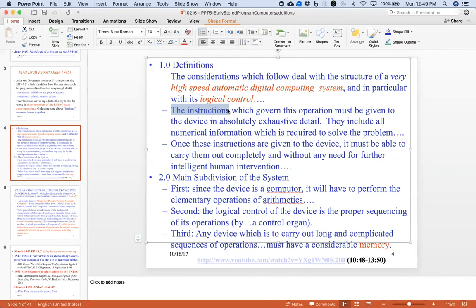Okay, the third of the definitions is, once these instructions are given to the device, it must be able to carry them out completely without the need for further intelligent human intervention. So this is one of the really defining things of the beginning of the computing era, that humans are not needed once they have actually written the program and loaded it onto the device.